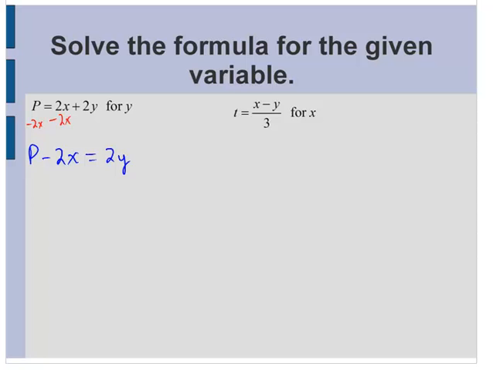The y is being multiplied by 2, so I'm dividing by 2 on both sides of the equation. P minus 2x over 2 is y, or y equals P minus 2x over 2.